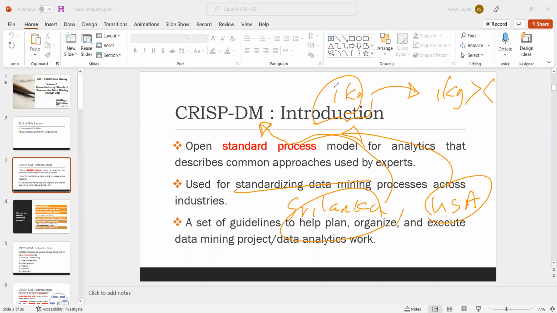What else can you get whenever you are following some standard process? I told you, whenever we measure weights, we must follow some standard. Even in Sri Lanka they follow standards, ISO standards, to measure quality. What is the purpose of those quality measurements?